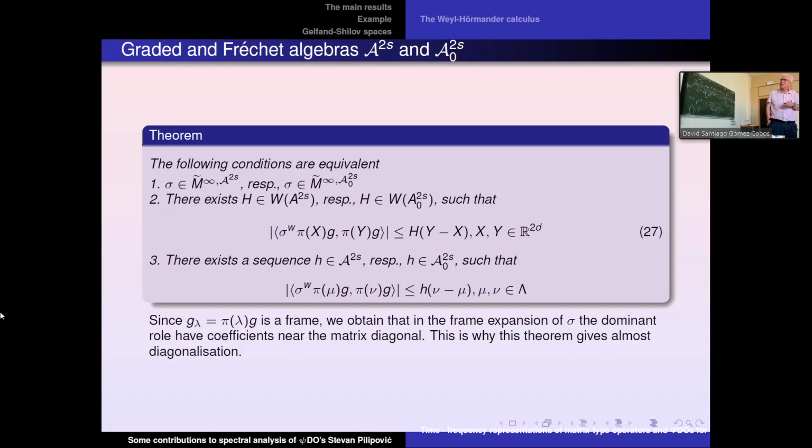So they show that this quantity. So now you can recognize what I wrote here. This is actually written here. So this is that line.